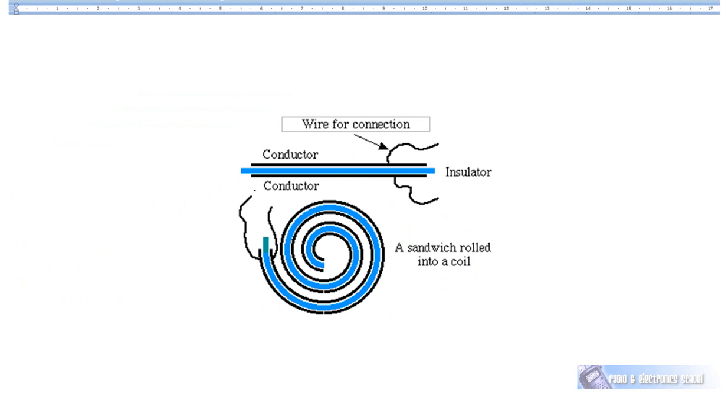This diagram shows you exactly how a capacitor is made in practice. We have two conductors. They're normally very thin, something like aluminium foil. Two conductors separated by an insulator, and a wire is connected to each conductor.